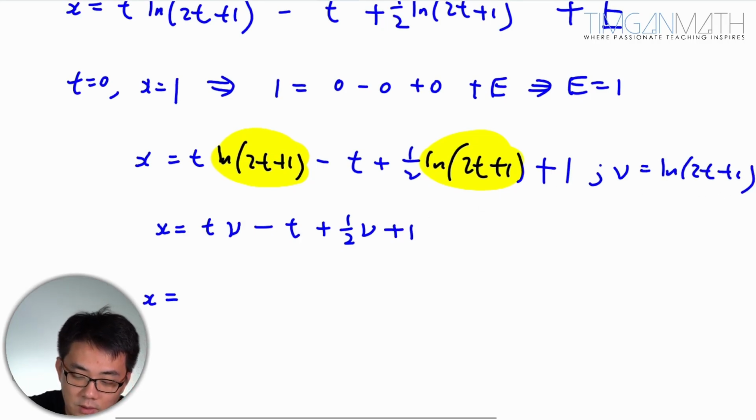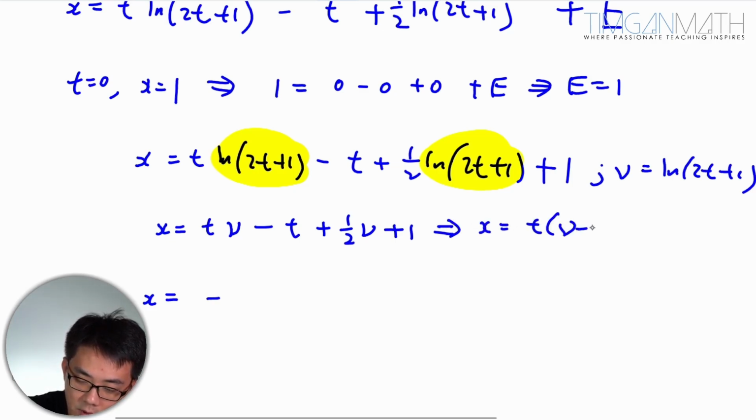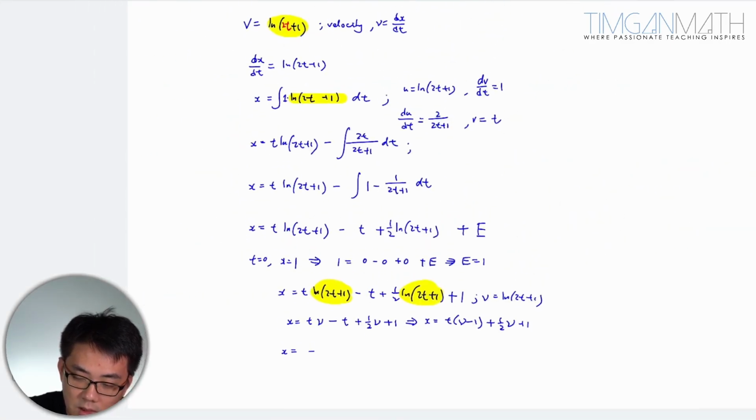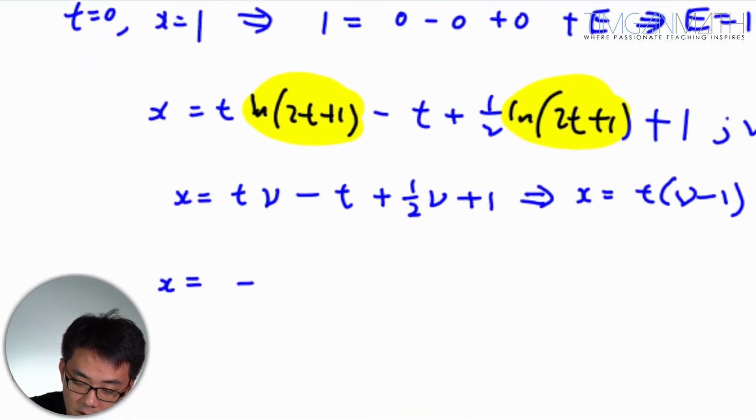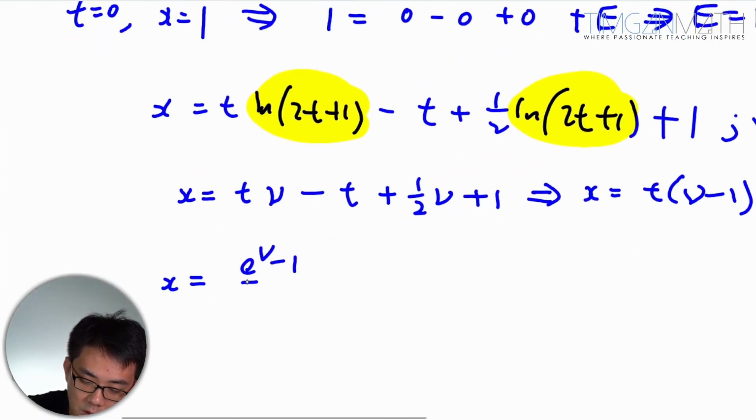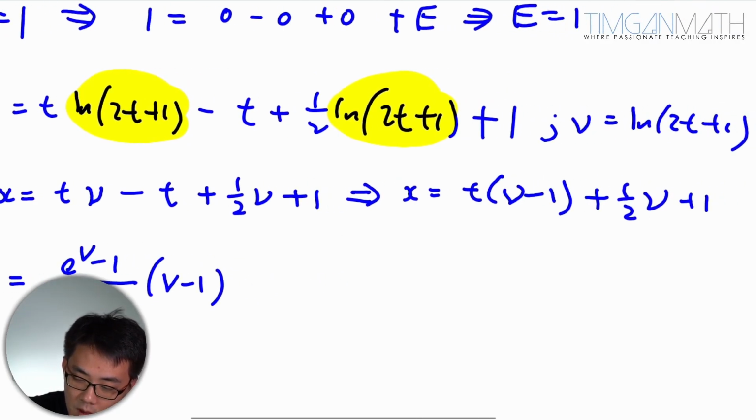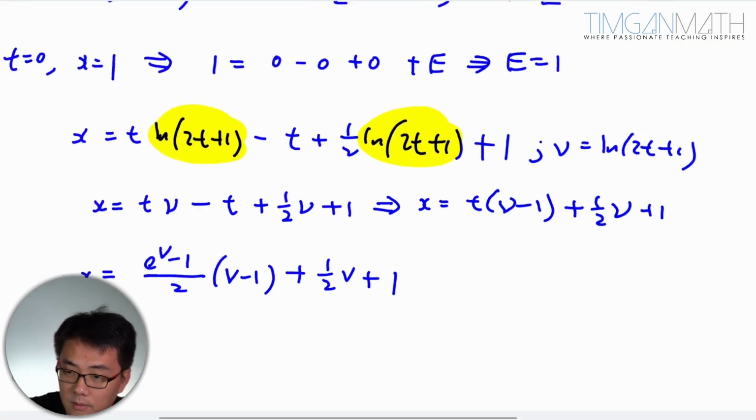I needed everything in terms of v, so that's a problem. So this is actually x equals t(v minus 1) plus half v plus 1. So t is actually (e^v minus 1) over 2. Then this is (v minus 1) plus half v plus 1.